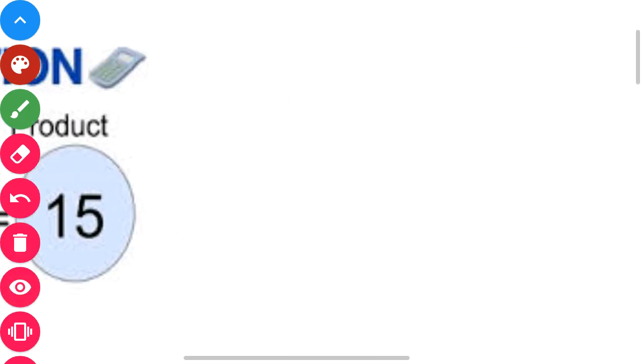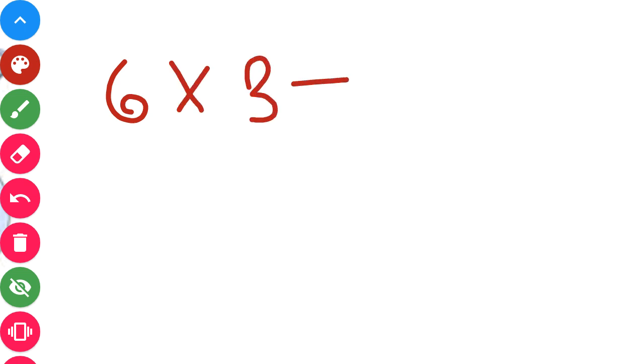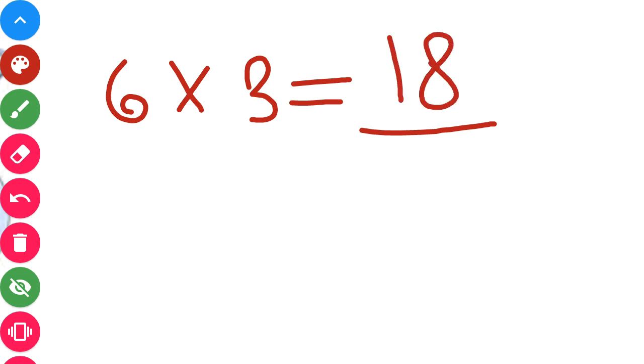Now let us take one example. 6 multiply 3 is equal to 6 1s are 6, 6 2s are 12, 6 3s are 18.